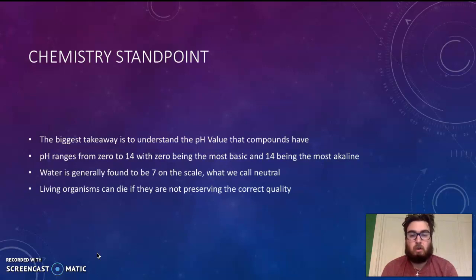In our case, water, which is mostly neutral, is going to be found around the middle, which is what we would consider to be a 7 on the pH scale. The pH values go from 0 all the way to 14, the 14 being the most alkaline, or in other words, just the most acidic.